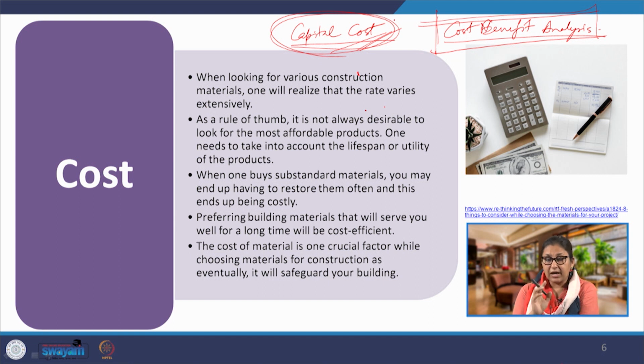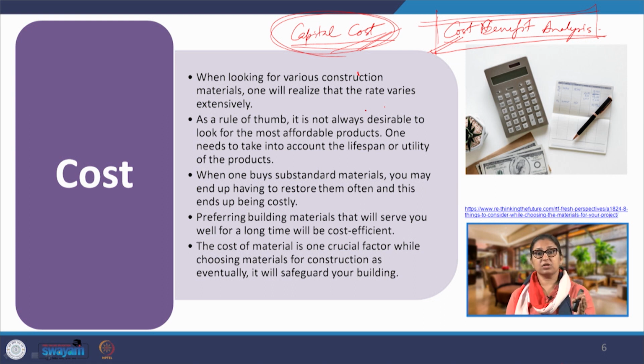But if we have to genuinely select the material for a long term benefit, then we have to look at the cost benefit analysis. This could be done in multiple ways, but one mandatory thing to do is to see what effect it is going to have on the energy consumption, which will give us the cost benefit analysis a lot of times.